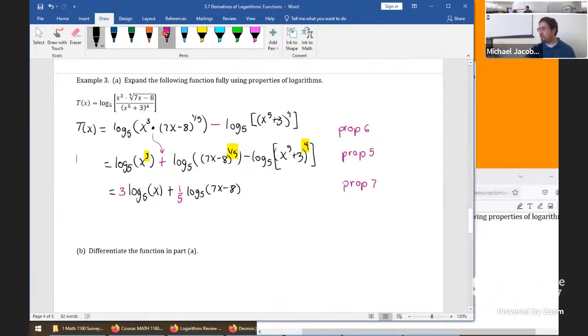Then last one. We had minus to start, but an exponent of positive 4, highlighted in yellow, now comes down, multiplying log base 5 of x power 5 plus 3. So finally, we're about ready to differentiate.